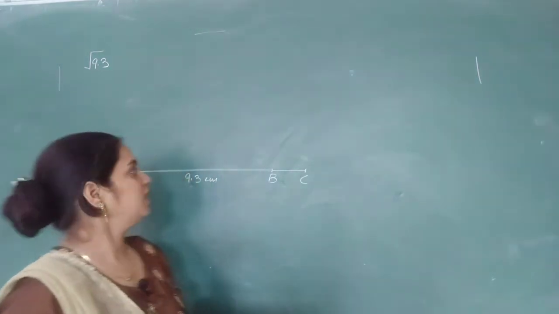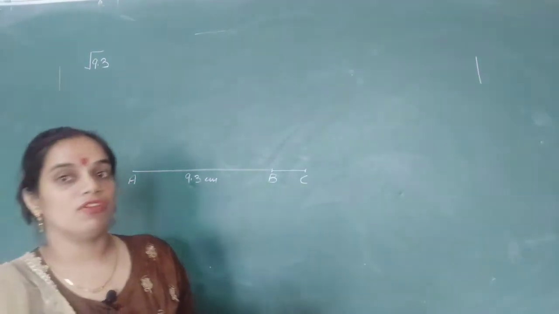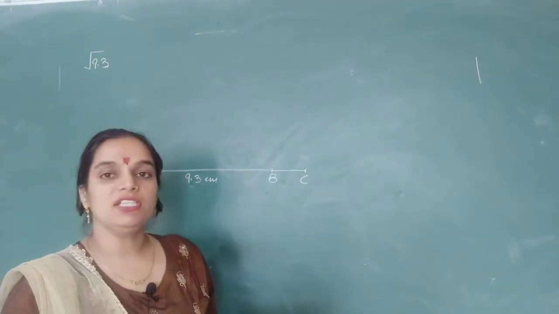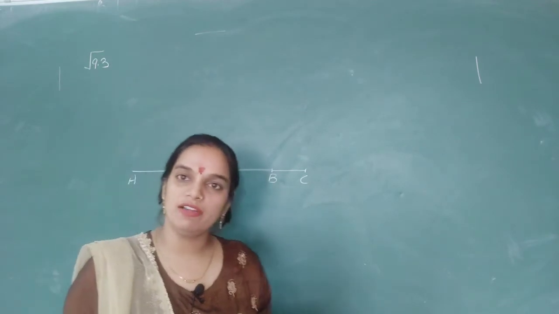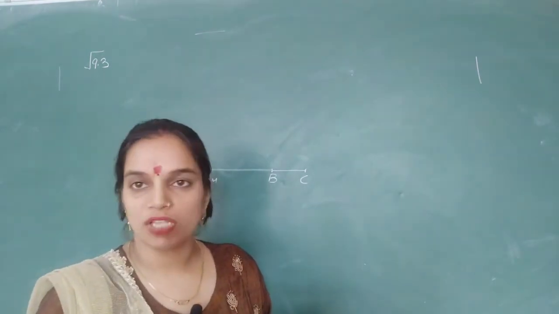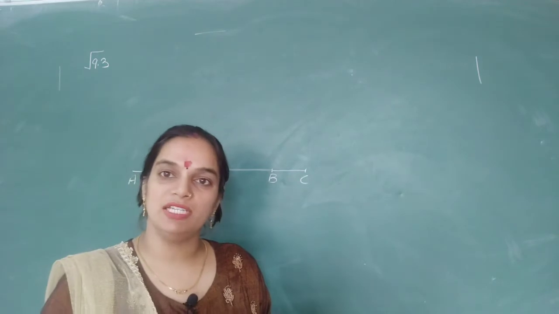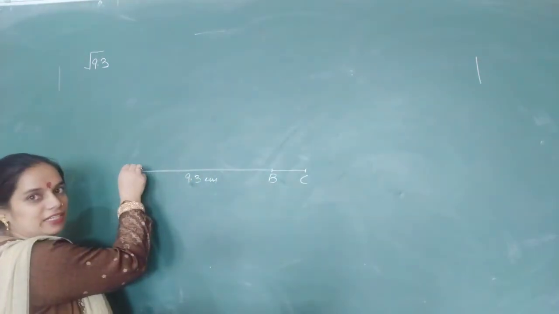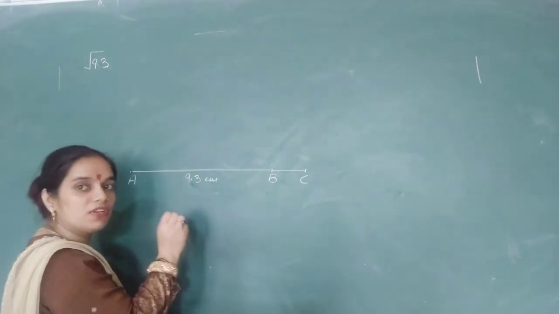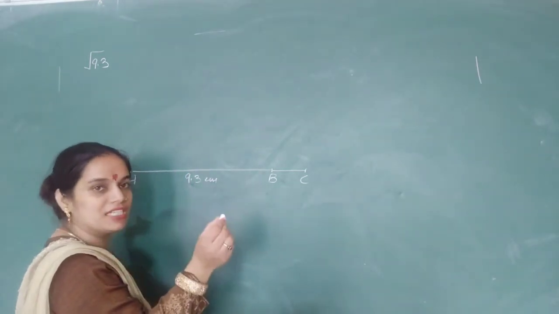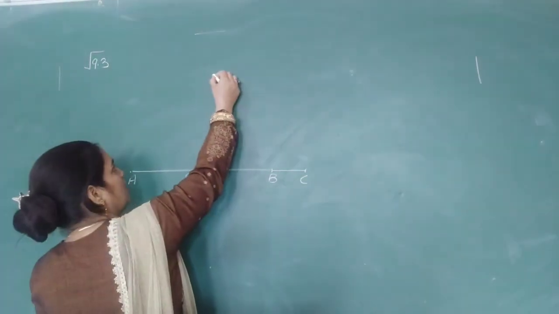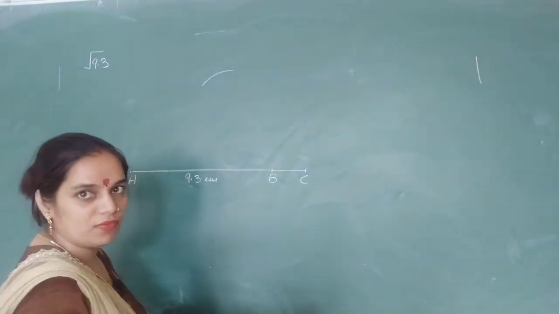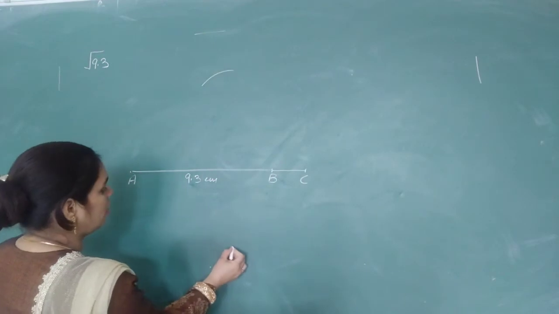Then by taking A as a center, we will draw arcs on both sides of the segment, and by taking C as a center, we will draw arcs on the same sides, and these arcs will intersect each other. So by taking A as a center and opening our compass more than half of AC, we will draw the arc like this, and in the other direction again we will draw the arc like this.